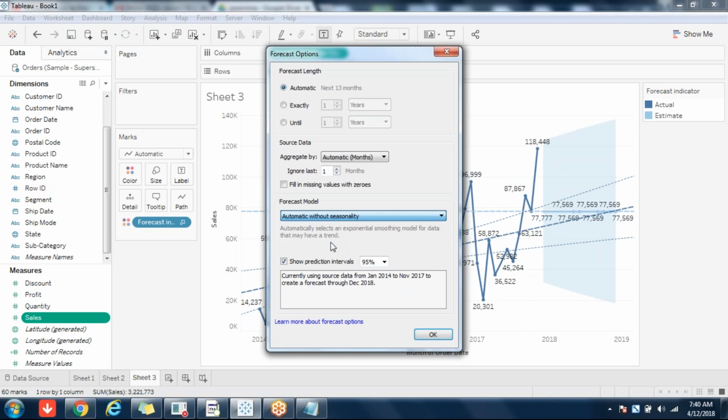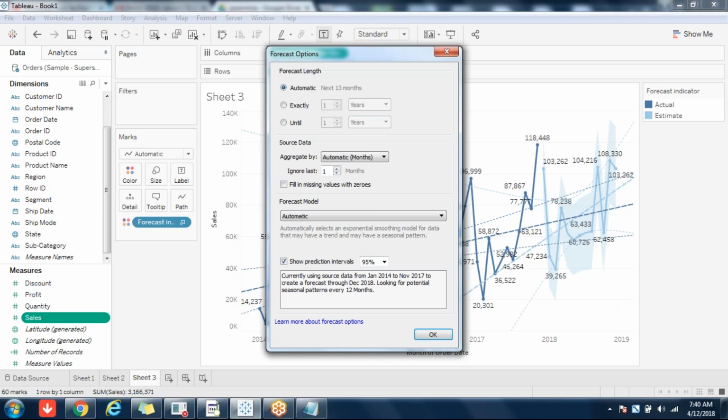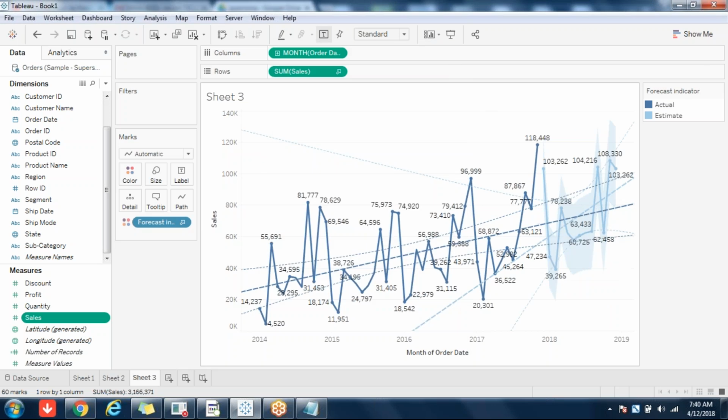But you need to know how to apply it and how to write the formulas. That's very important. If you know it, it is very easy. Otherwise, the exponential smoothing model is more than enough. That's the most frequently used modeling technique. So you can go with it, no problem. You really need not change it.